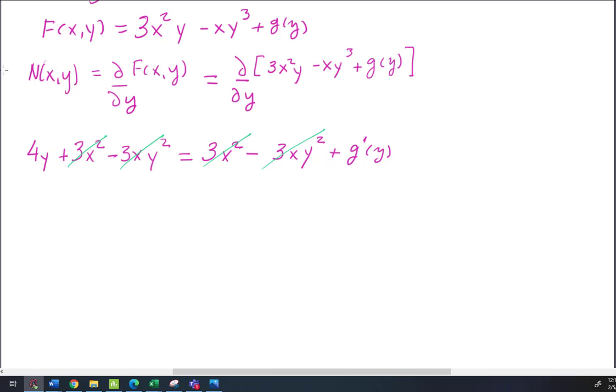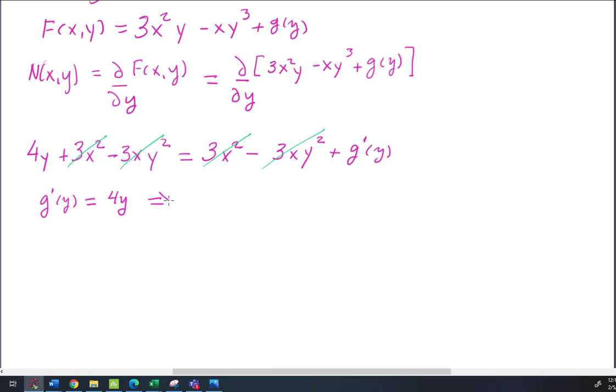So now this thing's got pretty simple. g prime of y is equal to 4y.